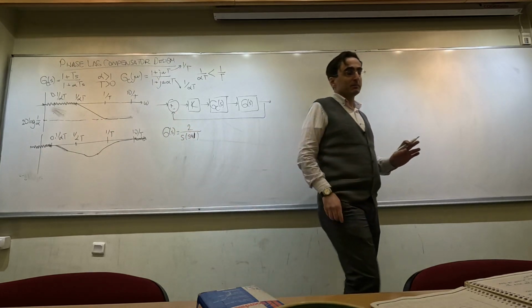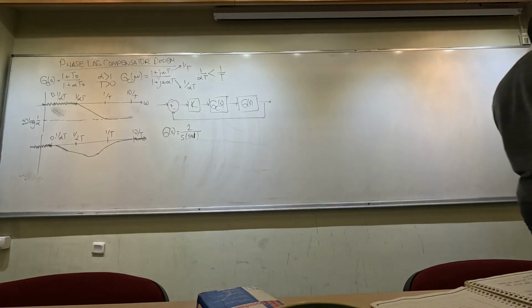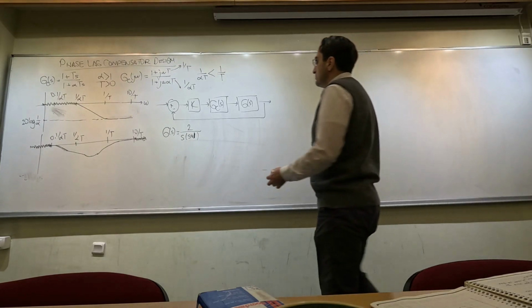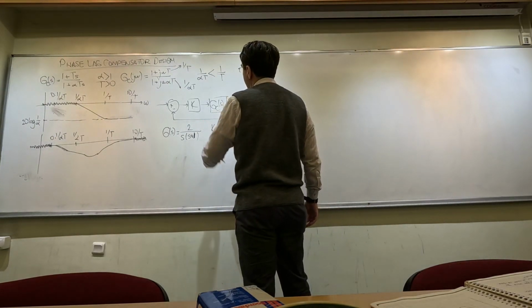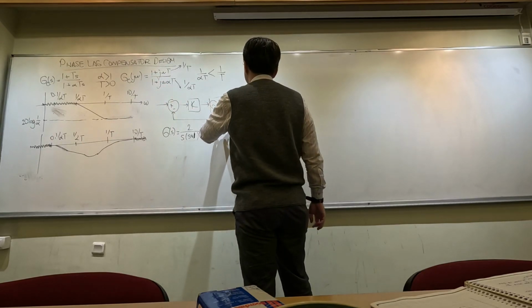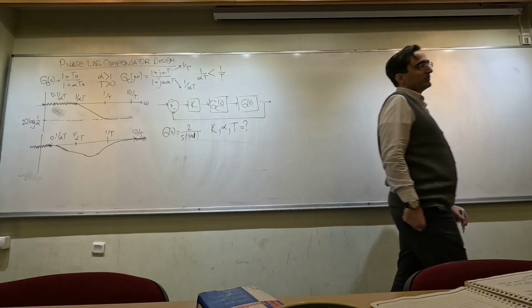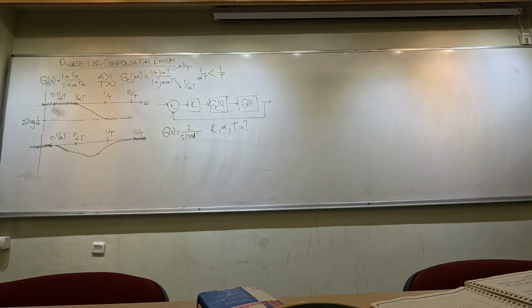If we can get the Bode plot of G of S, then we can design the same thing without knowing the transfer function of the system. And designing means that we need to find K, we need to find alpha, we need to find T, to satisfy some performance requirements.